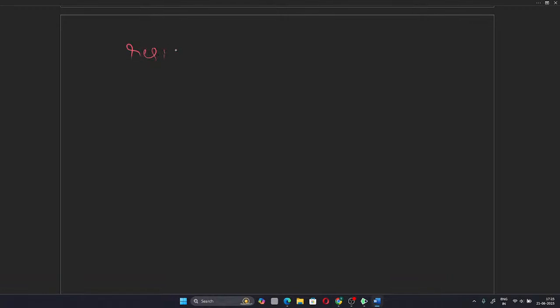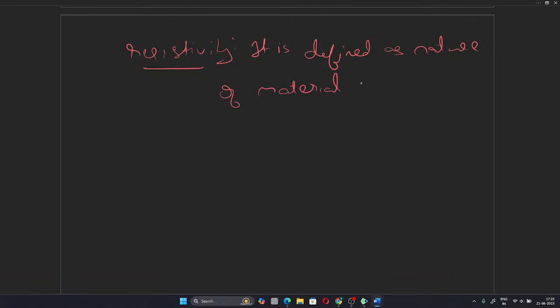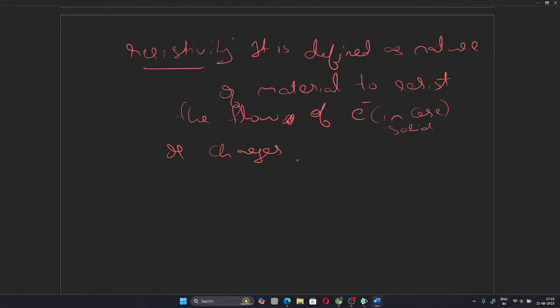Resistivity is defined as the nature of material to resist the flow of electron in case of solid conductors, or charges in case of other materials.